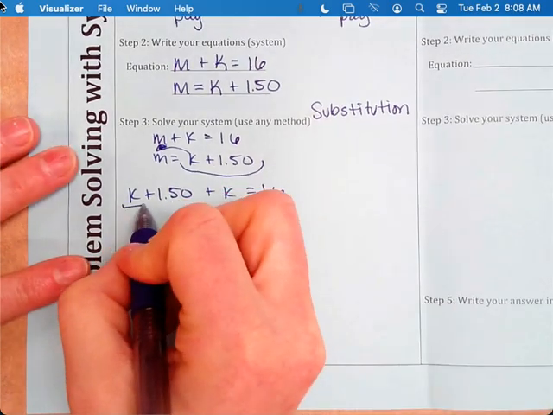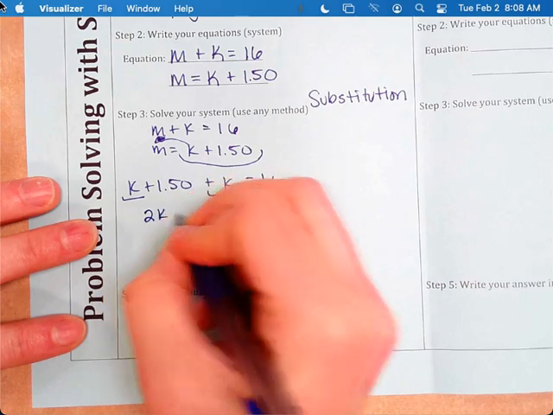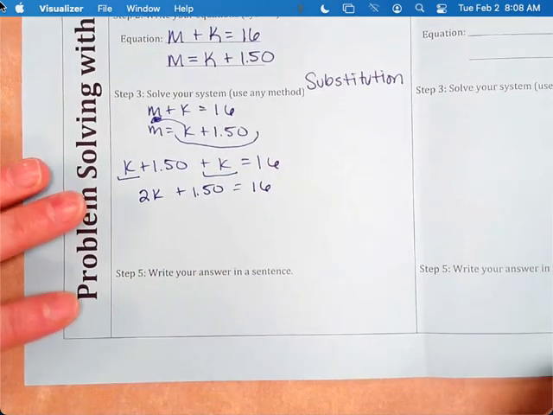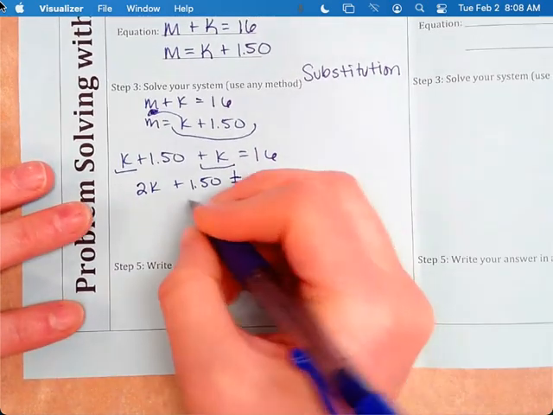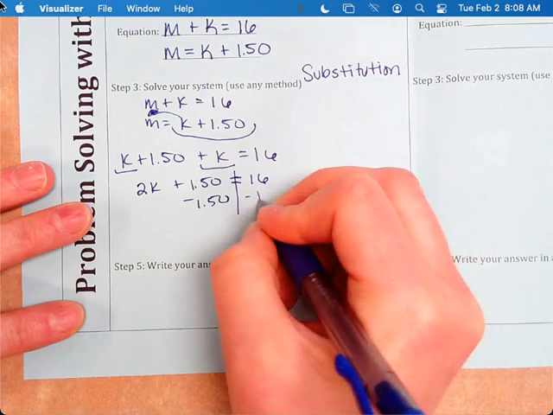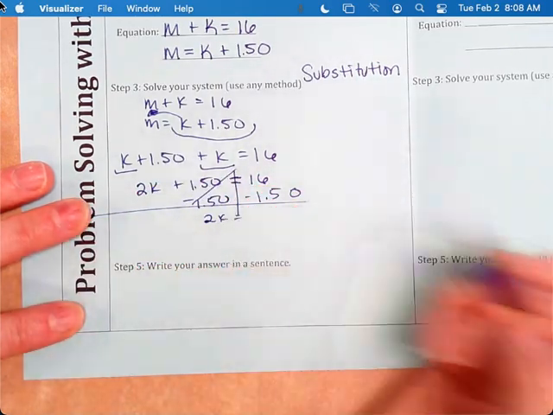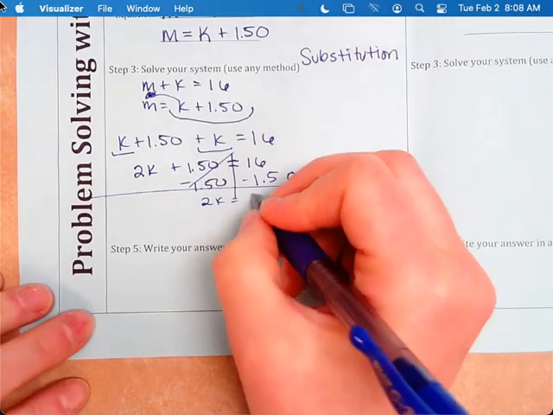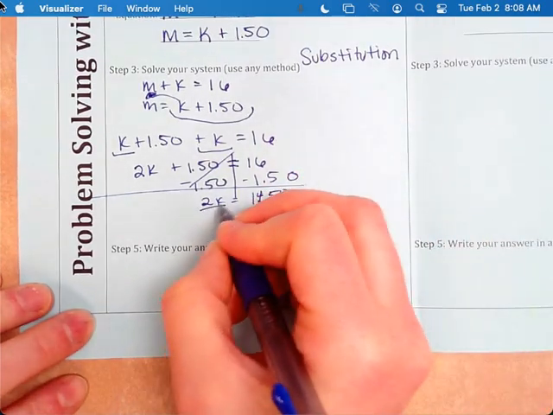So then combine your like terms. 2K plus 1.50 equals 16. Subtract 1.50. 2K equals 14.50. Divide by 2.